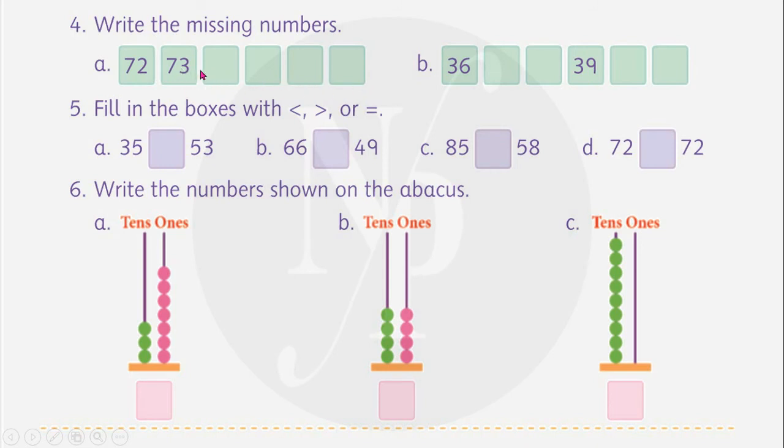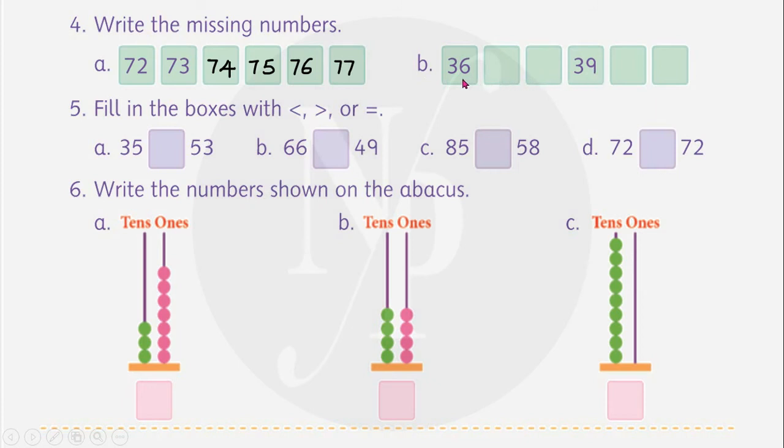The number after 73 is 74. Let us write 74 here. 74, 75, 76, 77.